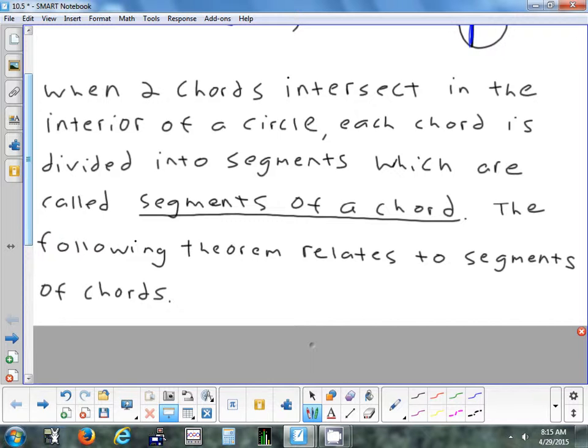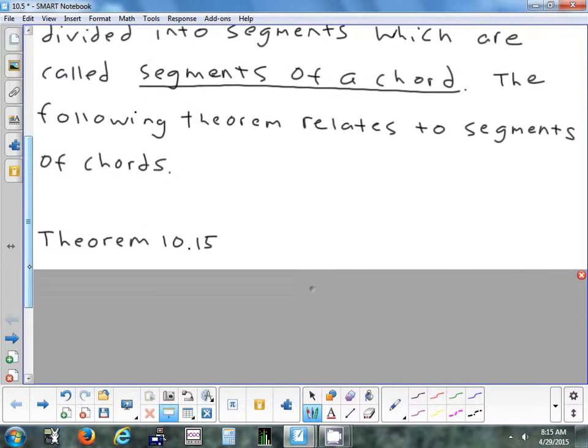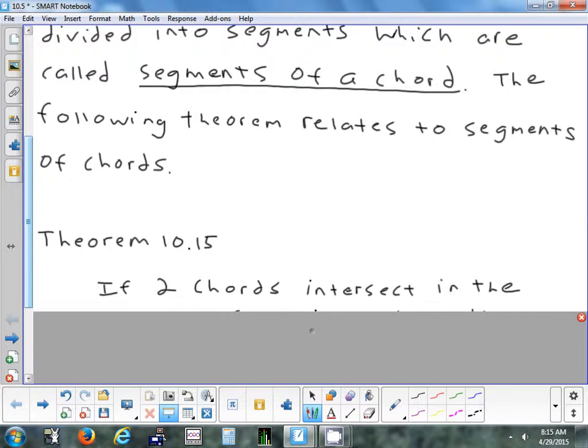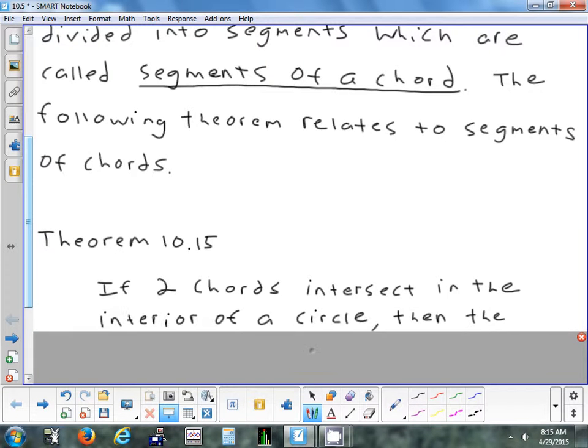What I'm going to do is write it out. But I think the most helpful thing would be to look at a picture, so I will draw a picture of this theorem after. But let me just write it out first. It starts out with 2 chords intersect in the interior of a circle.